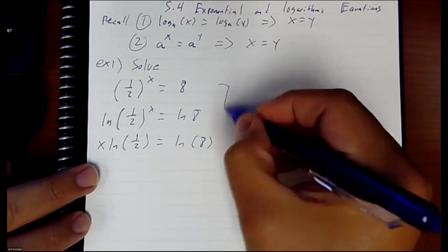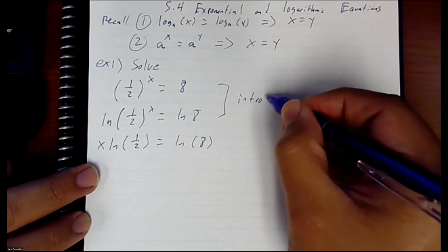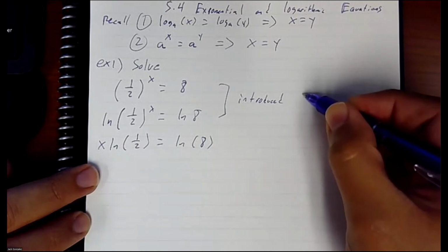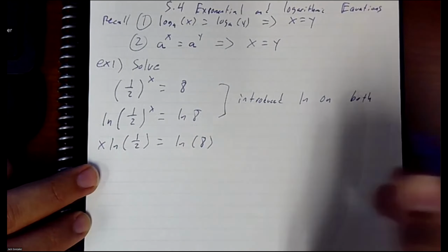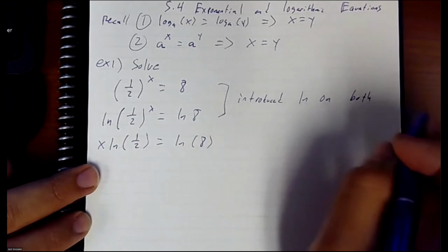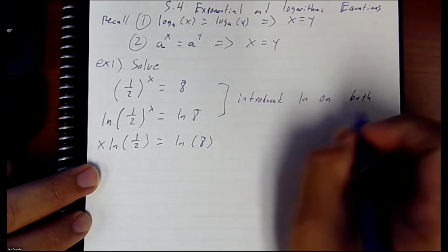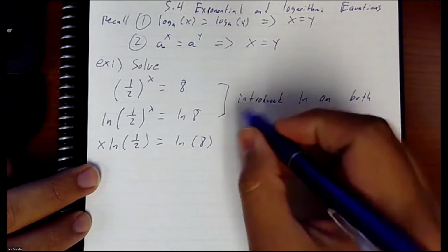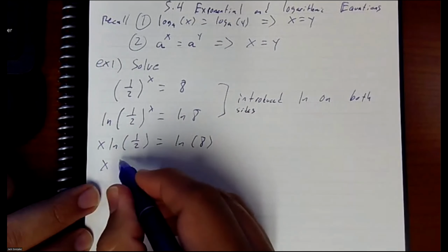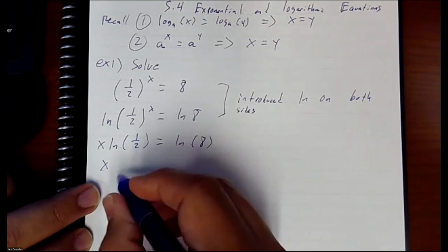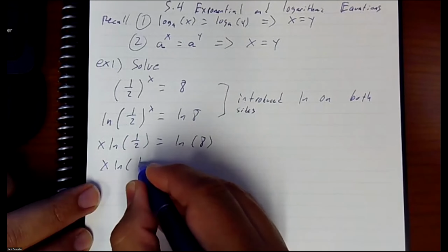So from here to here, I introduced ln on both sides. You can choose any log. I chose that one just because it's on the calculator. At this point, ln 1/2 is just a number, so divide it out.